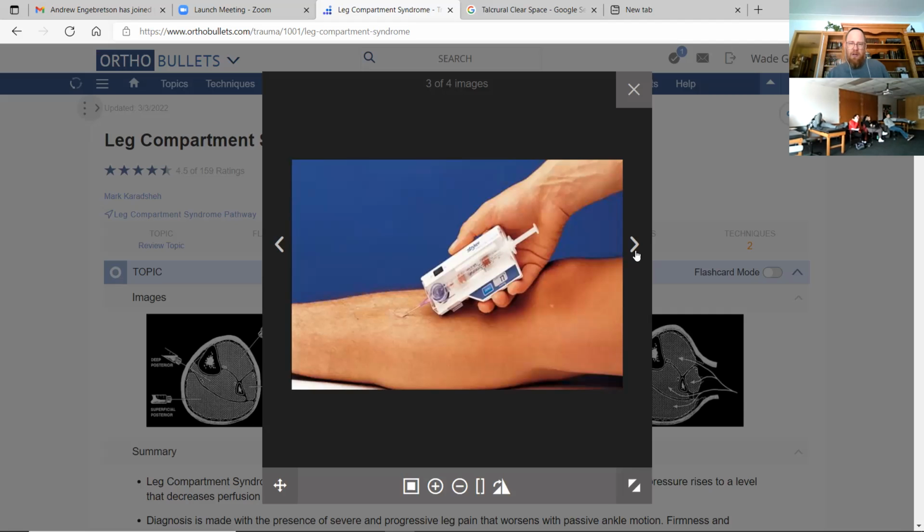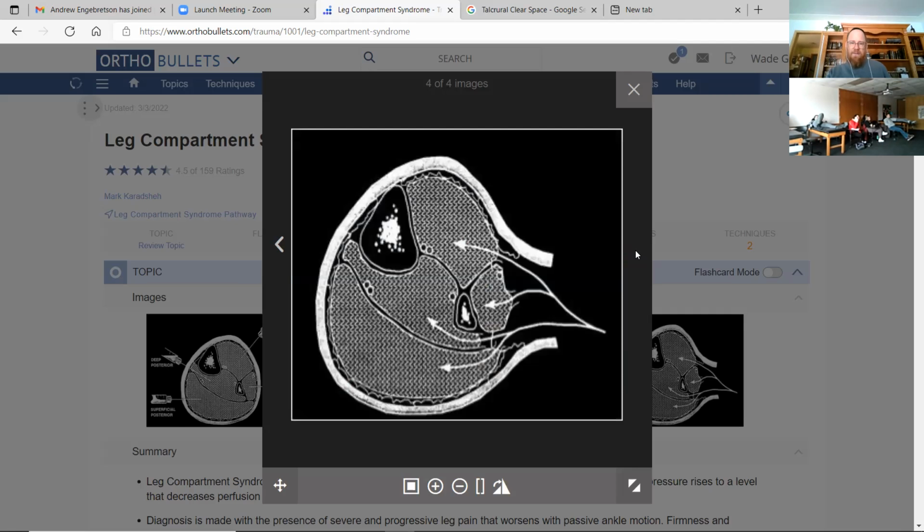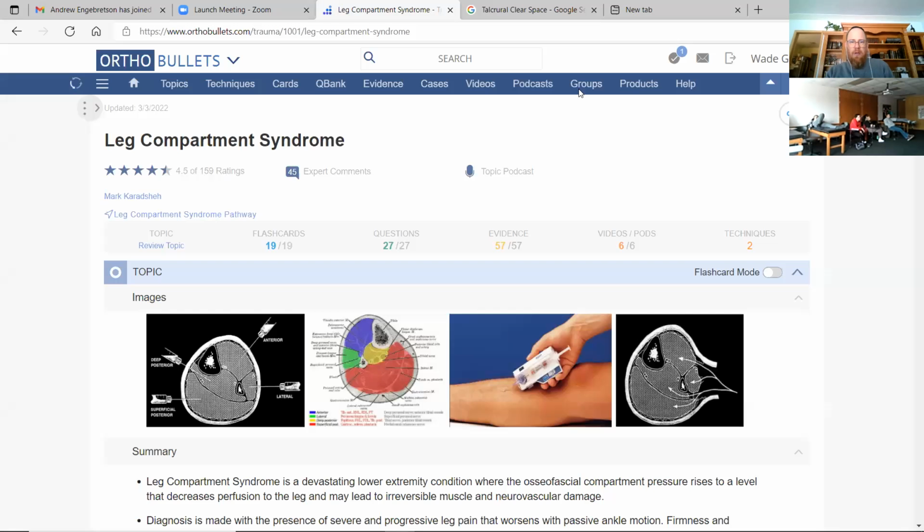As this fluid continues to build, you can see how the skin and fascia around the muscle starts to expand because of that accumulation of edema and swelling. You're going to see changes to the surrounding skin and fascia. Let me pull up another picture here and I'll show you exactly what that looks like.